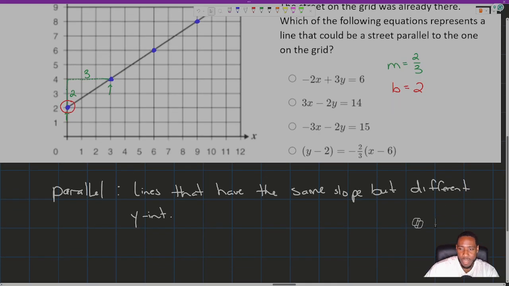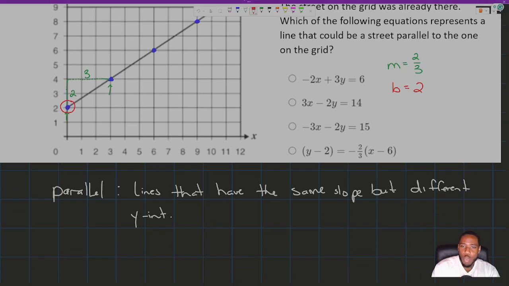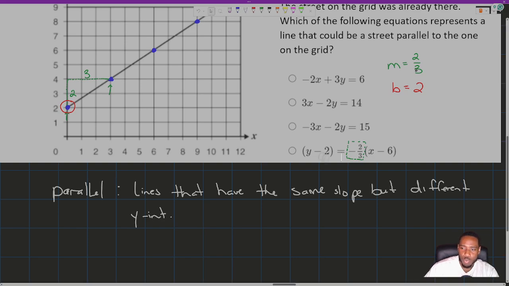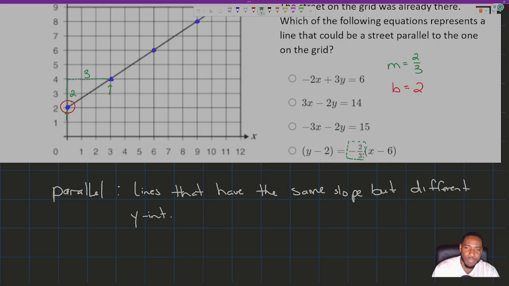All right. So hopefully, if you're paying attention to our explanation of the last question, we see the slope of this last answer choice here, negative 2 over 3. That's opposite to the slope that we have, right? And so we know that's no good because it has to have the same exact slope.